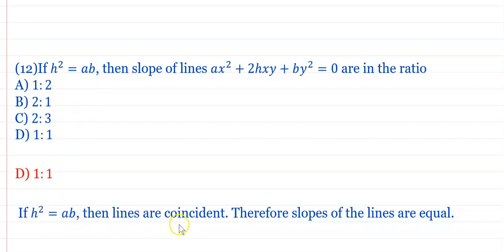This is the condition, and therefore the slopes of the lines are equal. Hence option D is the correct one. When the lines are coincident, they have equal slopes, and therefore the ratio of their slopes is 1:1.